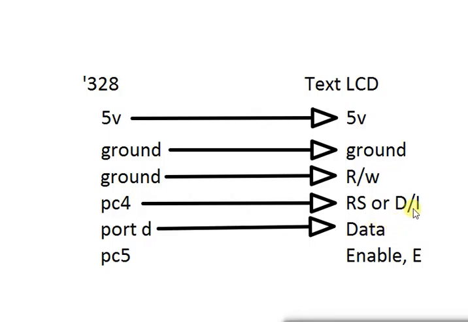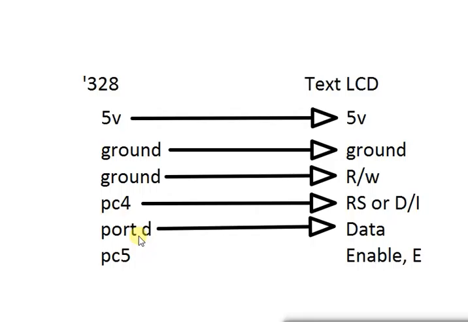And those instructions would be sent on port D. So port D contains not just the instructions, but also the letters. So the problem is, how does the text screen know when it's getting a letter or an instruction?